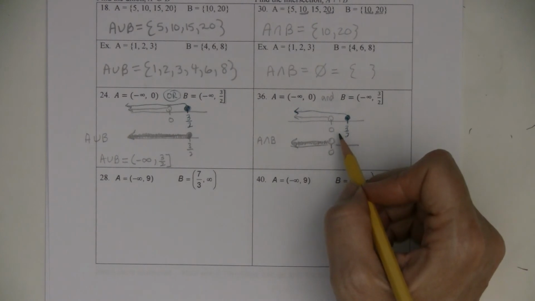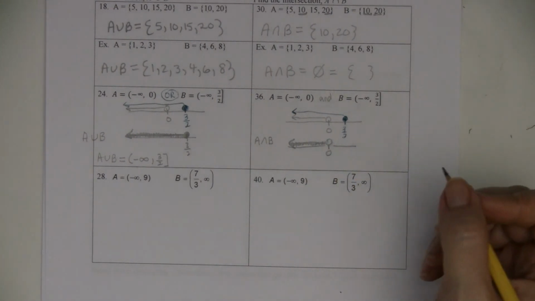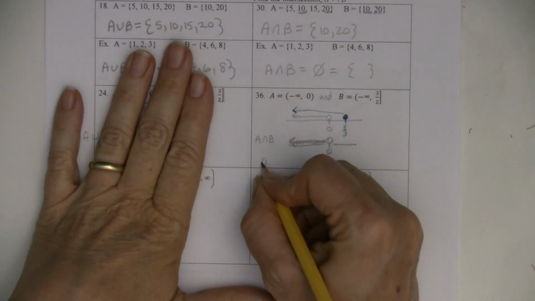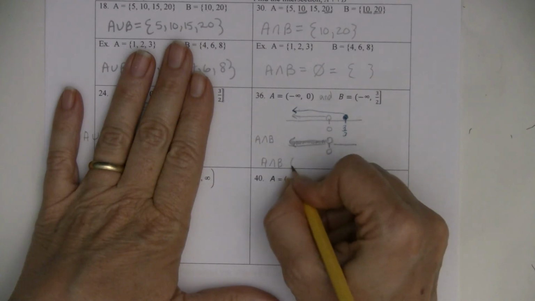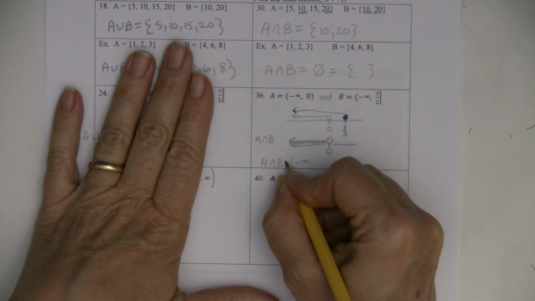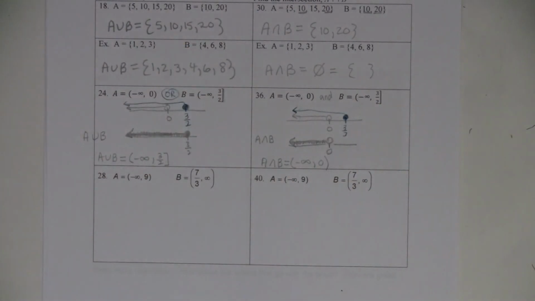You have to be invited by A and B. So this is what A intersect B looks like. And if I wrote this in set notation, it's going to go from -infinity up to 0. And then I'm going to put a parenthesis because we're not including 0.